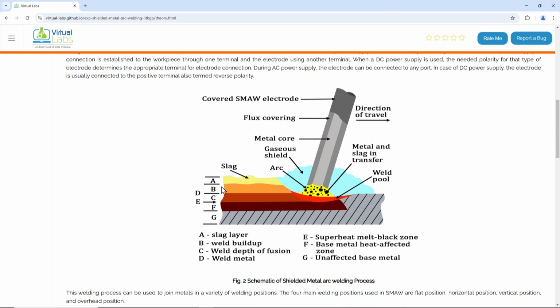The slag layer is there because we have the electrode where the core is metal, and outside we have the flux coating on the metal. This flux covering makes slag, and the weld buildup is there. In between the weld buildup and the weld metal, we have the depth of fusion. So all these parts of the weld zone are here.